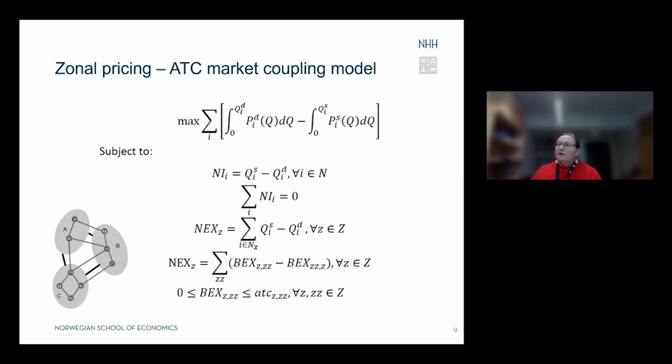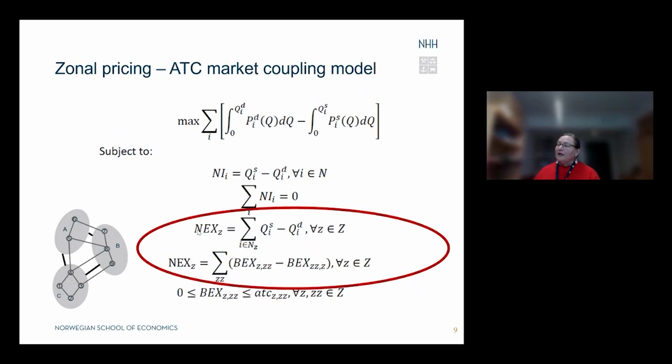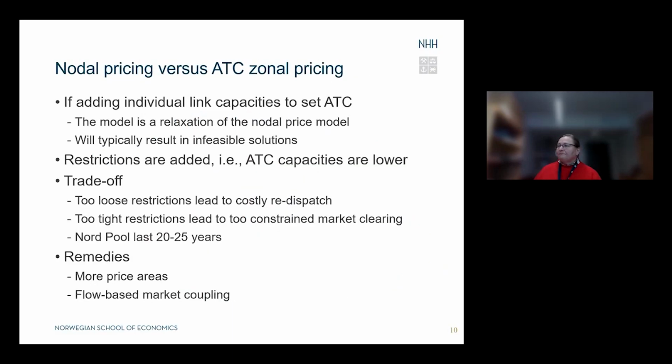When we are using zonal pricing of the ATC type, what we are doing is aggregating the net injections in nodes into net injections in zones. We represent transfers between zones in aggregated format, and we put limits on these aggregated flows. The difficulty in this is, of course, how we set these limits.